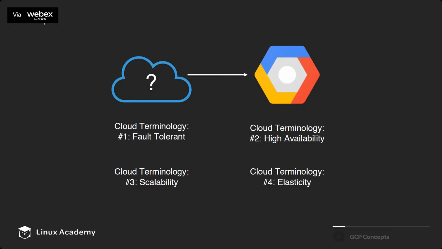But with global cloud providers like Google, all you have to do is specify that tomorrow I want to set up a clone or replica of my website in, say, France or Spain or Germany or US or anywhere.